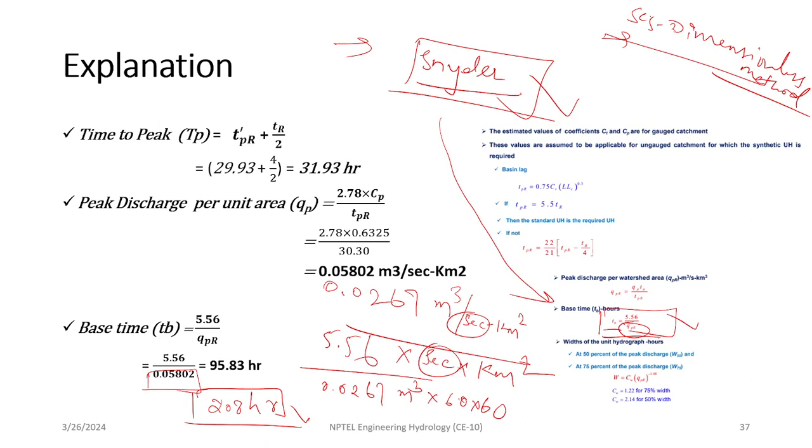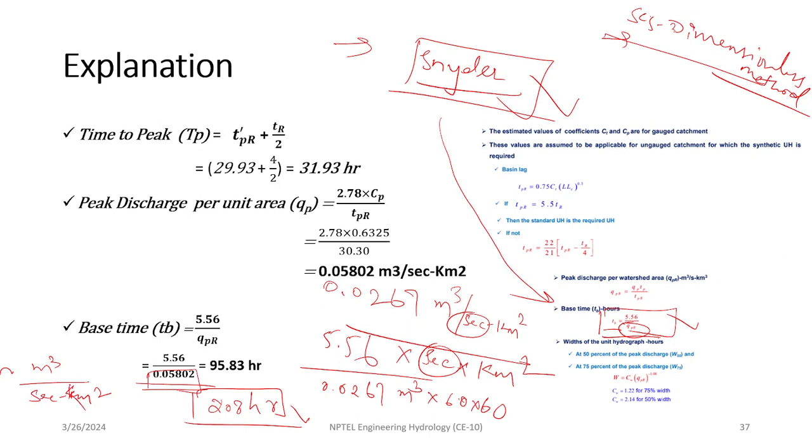The unit is meter cube per second. Are these units correct, do you think? 5.56 is in meter cube per second kilometer square, right?